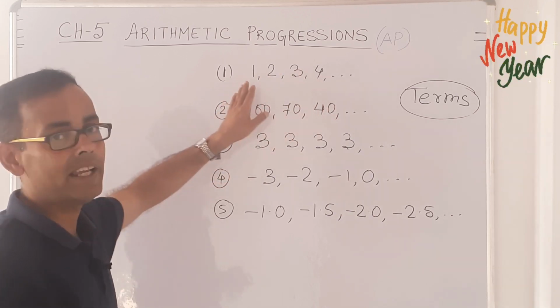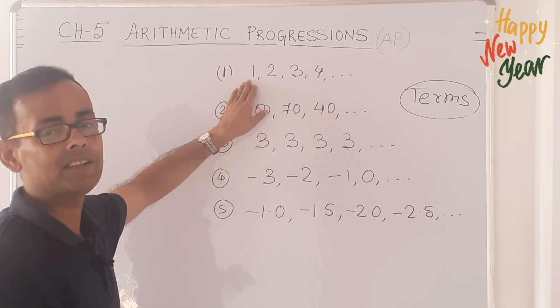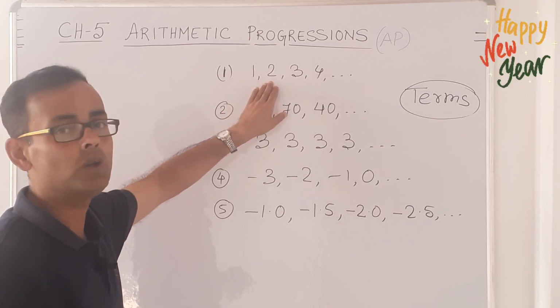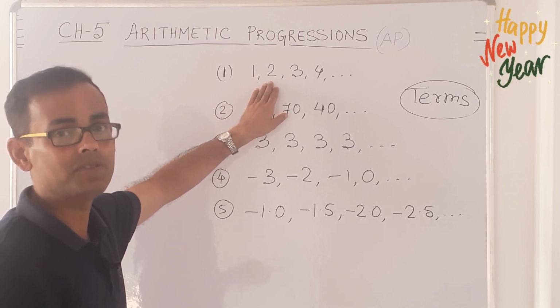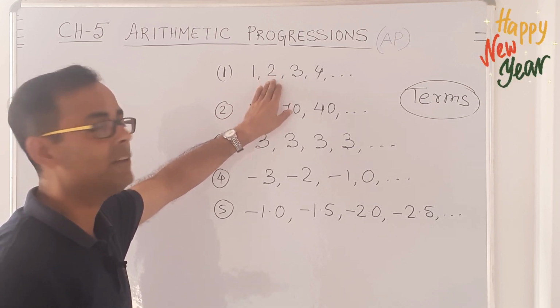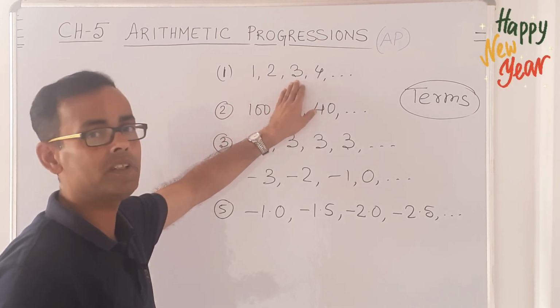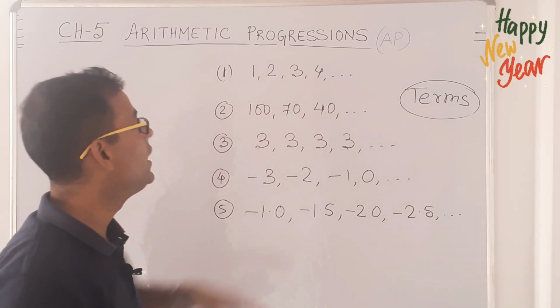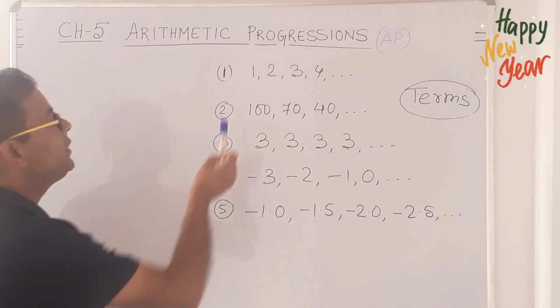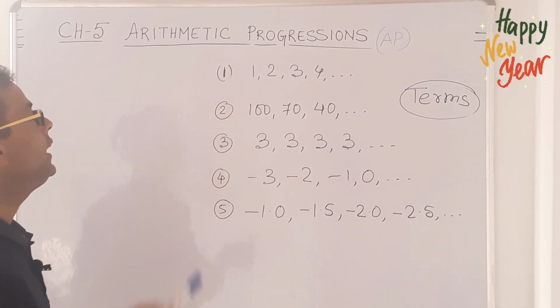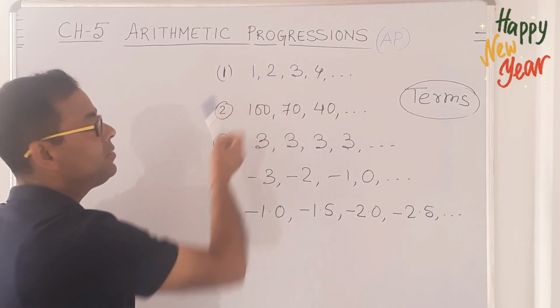Or we can say the first term is the preceding one and the second one is the successive term. Again, if this one is preceding, this is successive. Now if you see, with the preceding term, if I add 1, then I am getting the successive term.